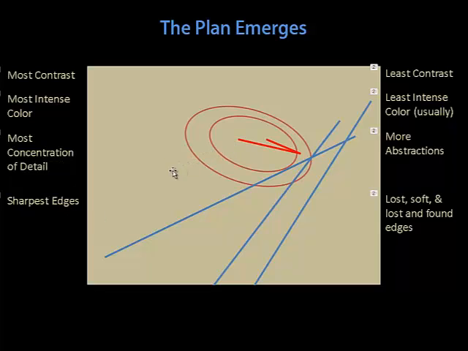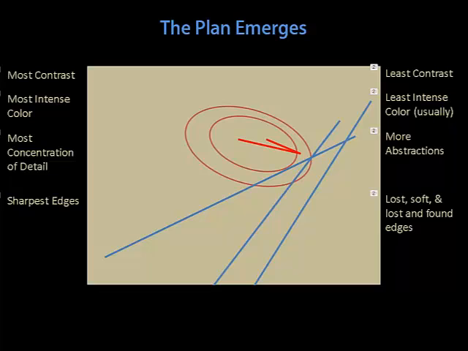And as it moves out, as you see my cursor moving out, you're going to have the least contrast, least intense color, usually more abstractions, less realism, and there the edges will begin to lose themselves, soften, and become both lost and found as they leave the painting.